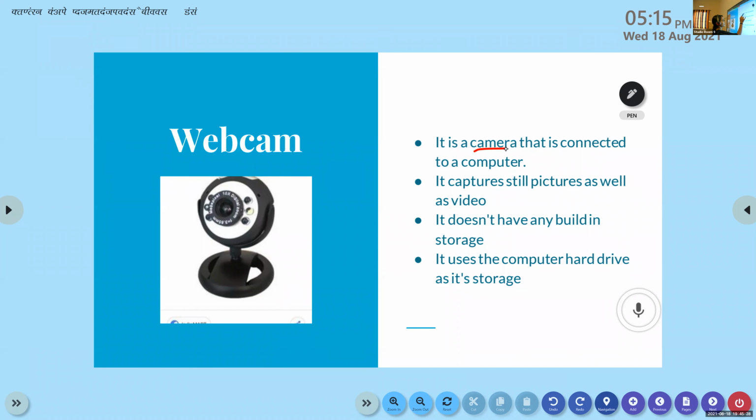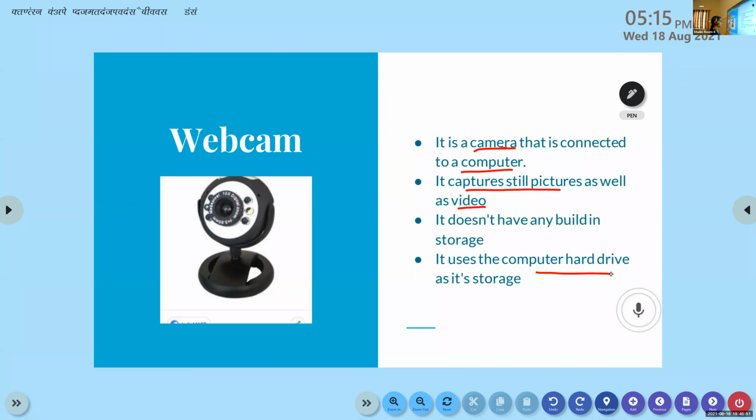So this is a camera which has been connected to a computer, and it captures the pictures as well as videos, right? Does it have any inbuilt storage space? No. So the data is being stored in the computer hard drive. It doesn't have any built-in storage.